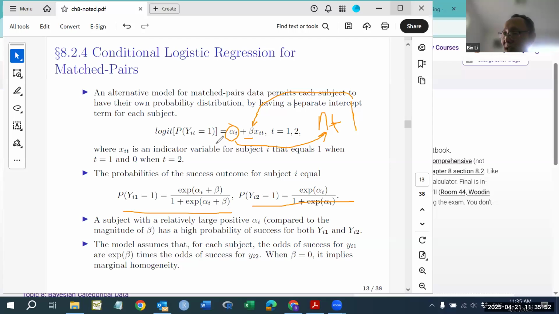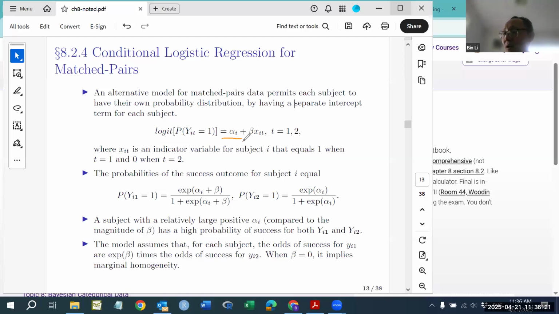So a simple way is what? Instead of estimating all these parameters, we only estimate beta. Does it sound familiar? Yes. This is exactly called conditional logistic regression that we talked about. Remember, we talked about conditional logistic regressions, right? So instead of estimating all parameters, we're only estimating beta.